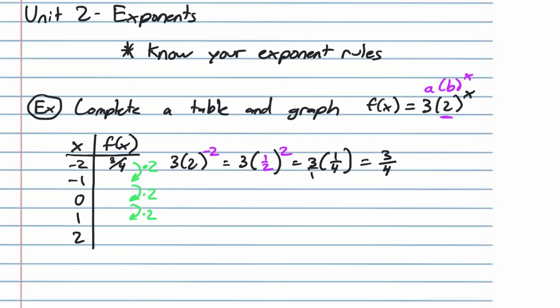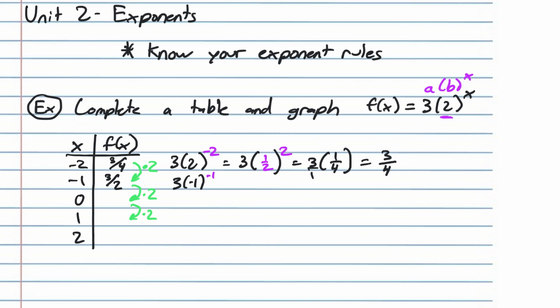Okay, so you could just plug in -1 and see what comes out. Or we could use our pattern. We know it's going to be multiplying by 2. So 3/4 times 2 ends up being 3/2.